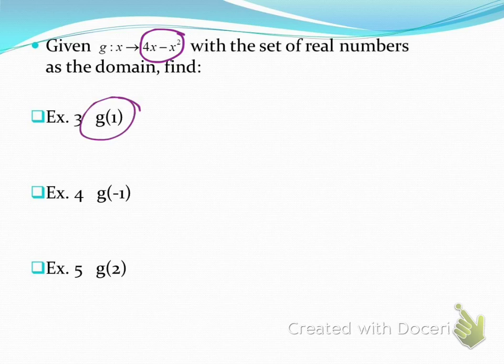So what this means right here, I would maybe make a note off in the margin somewhere. What this means is plug 1 into x. Okay, that's all it's telling you to do. It's saying that x should equal 1. Figure out what the function evaluates to.